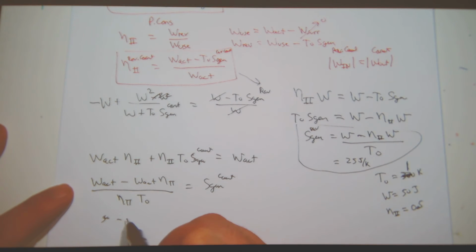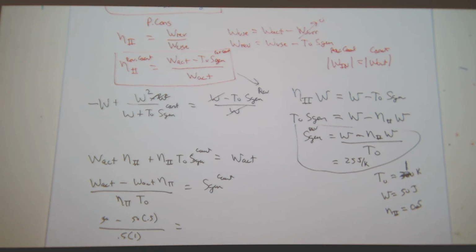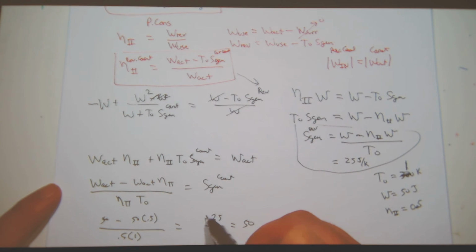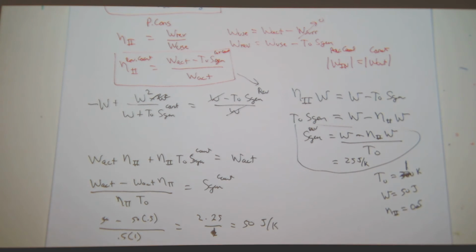So I have 50 minus 50 times 0.5 over 0.5 over 1 equals, so I have 50 minus 25 over, well, this is divided by 0.5, so over 1 times 2, which equals 50 joules per Kelvin.